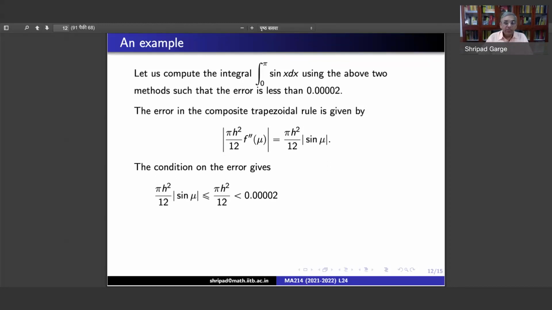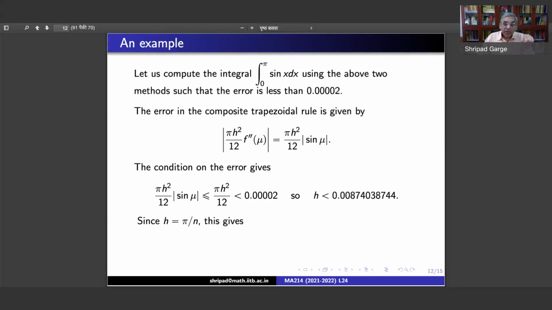So you can now simply multiply the error by 12, divide by pi, and take the square root, which will give you that h has to be less than 0.00874038744. This is the h, and that tells you the number of sub-intervals that you have to take. Remember, we are looking at the trapezoidal rule.